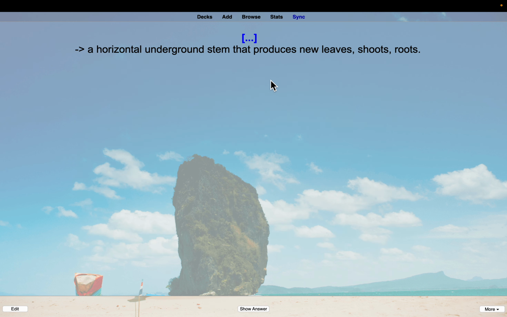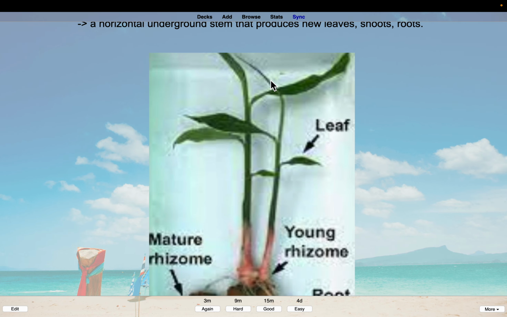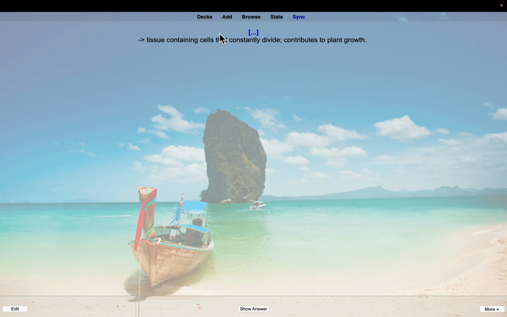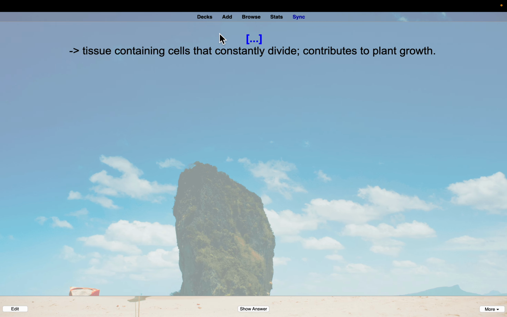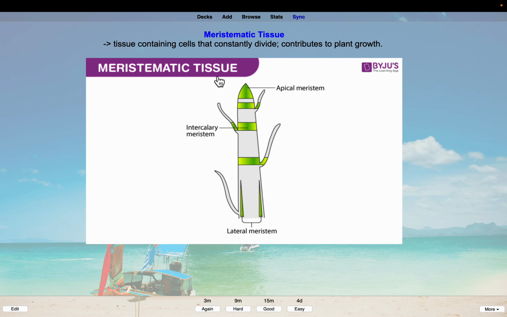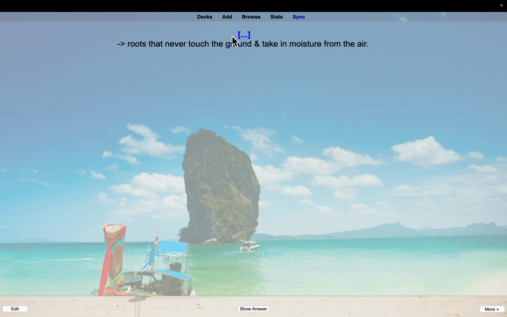Blank, a horizontal underground stem that produces new leaves, shoots, and roots. Rhizome. Okay. Blank is a tissue containing cells that constantly divide and contribute to plant growth. Meristematic tissue.